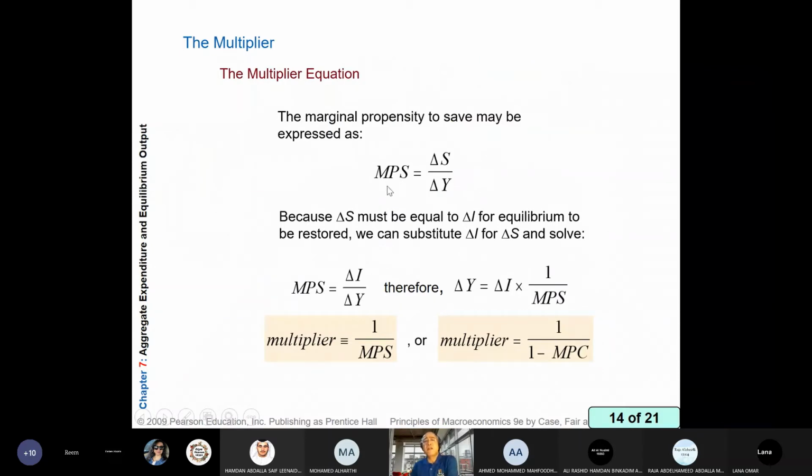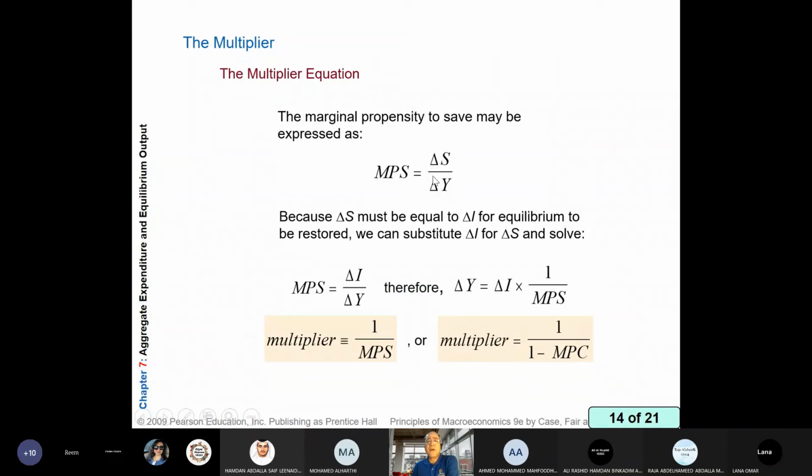Let's go back to marginal propensity to save. Marginal propensity to save equals the change in saving due to an increase in income by a given amount. For example, my income increased by 100 and saving increased by 25.